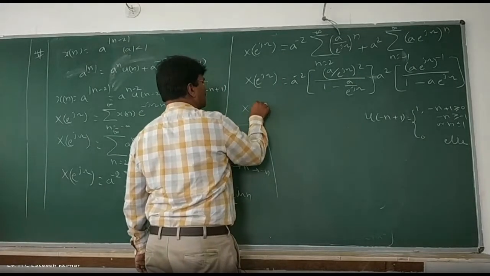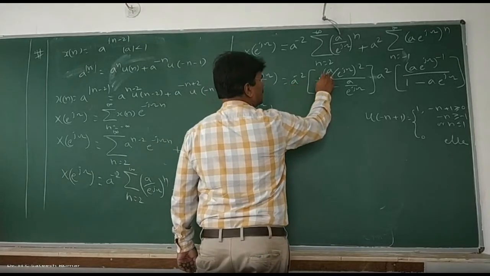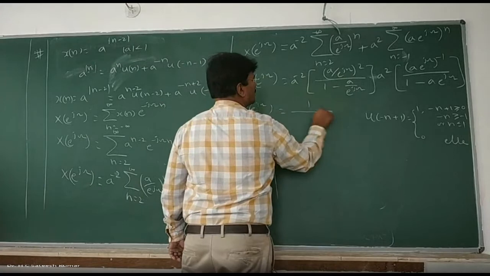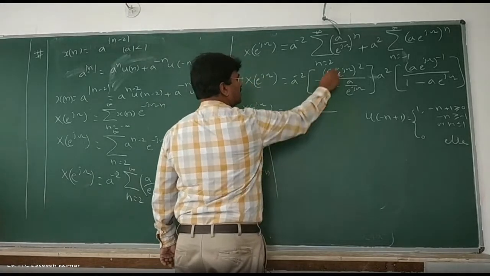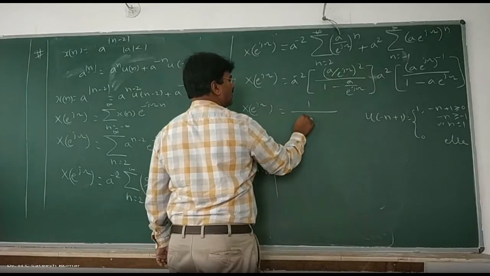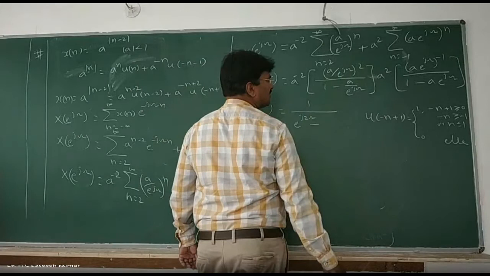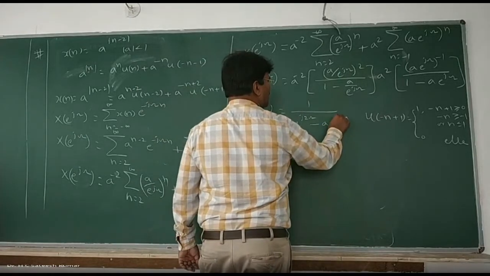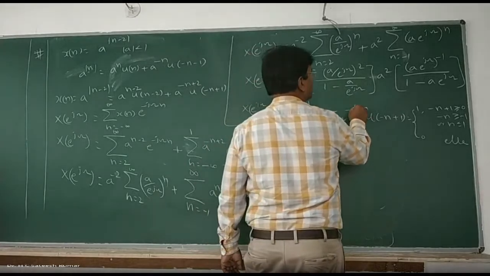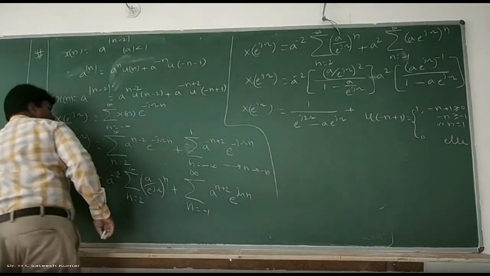X of e to the power of j omega is equal to a to the power of minus 2 into, a square is 1. Take this e to the power of j omega to the denominator. Therefore, what will you get? E to the power of j omega, if you take whole square to the denominator, so e to the power of j2 omega minus a into e to the power of j omega gets cancelled. You will get this plus a square into a to the power of minus 1.